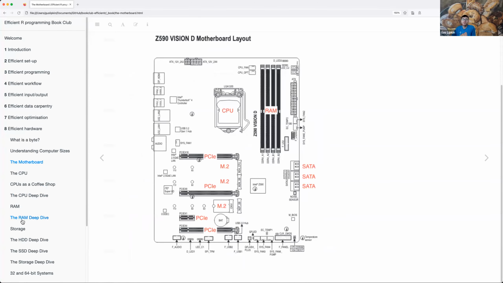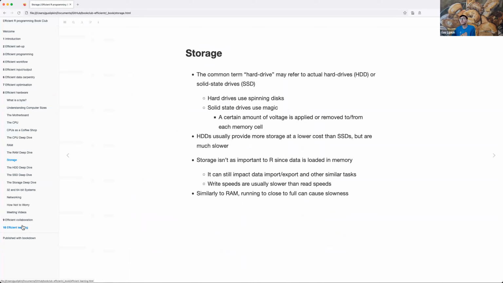So then if we hop over to storage, just like the save button is a floppy disk from days gone by, the term hard drive may refer to actual hard drives or solid state drives. And hard drives use spinning disks, frequently many of them all packed together in a little stack. And then solid state drives use magic.